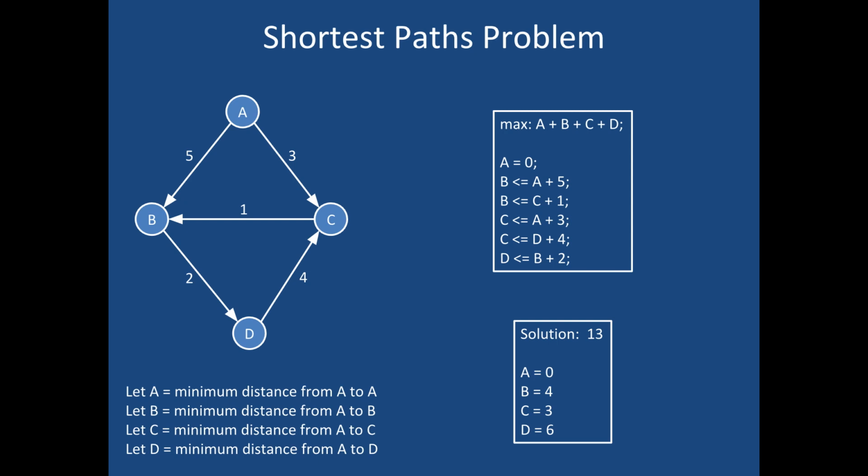And by equivalent, I mean if you solve the maximization problem and you solve the dual minimization problem, you get the same answer. And what we'll turn to next is how you take a linear program and compute its dual. And then we will take this problem and compute its dual and come up with a really novel algorithm for solving the shortest path problem as a minimization problem. So let's take a break and we'll see how duals work.